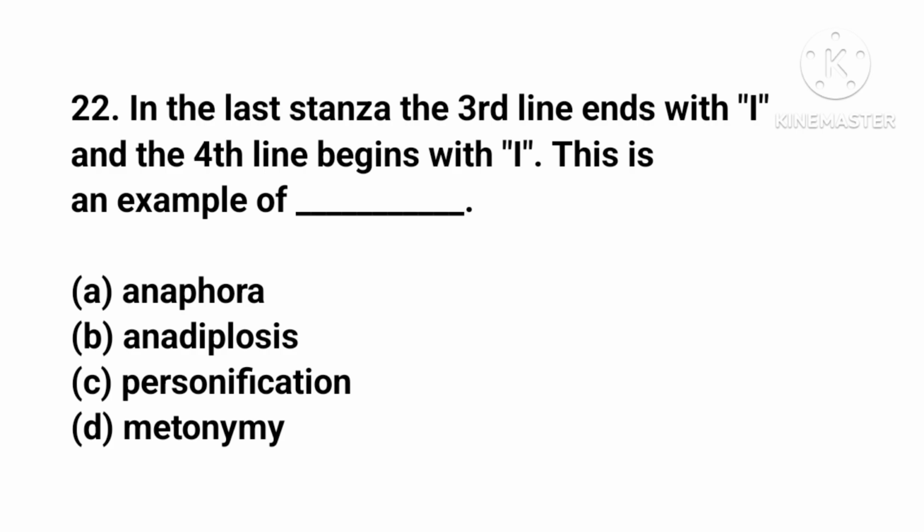Or option D, metonymy. Right, it is anadiplosis. Whenever you end a line with a term and the very next line begins with the same term, it is called anadiplosis.